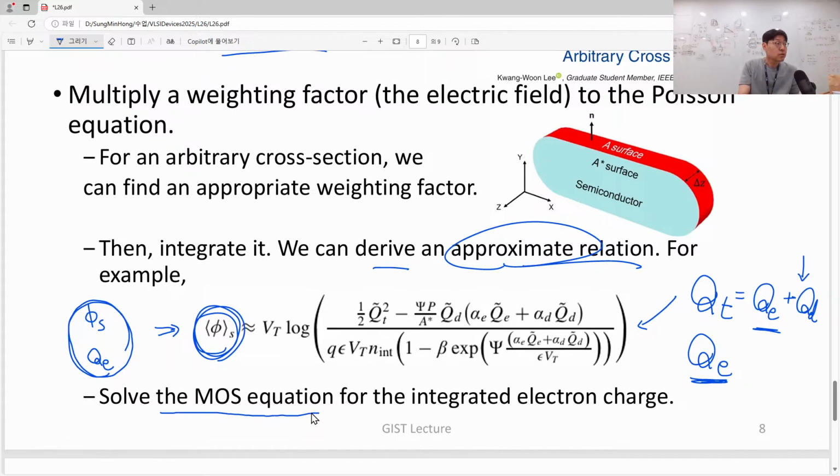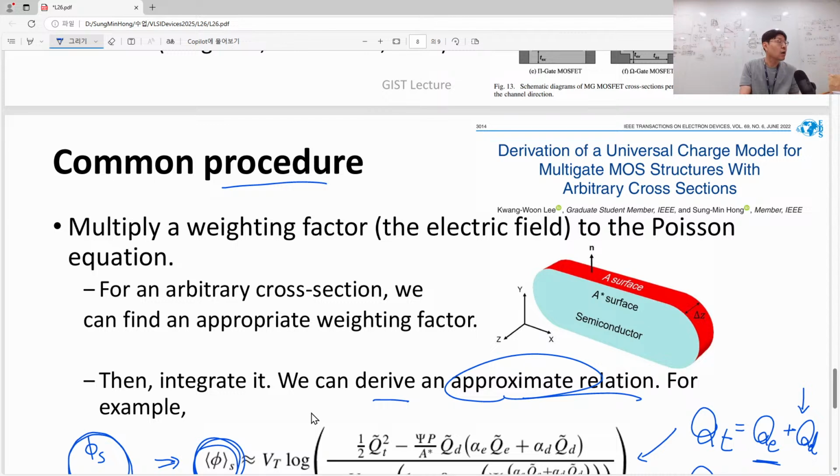That is the typical approach we are currently using. Although the CMC model does not follow my derivation, they have a similar expression by intuitive inspection, but anyway, this procedure can be applied to model derivation.